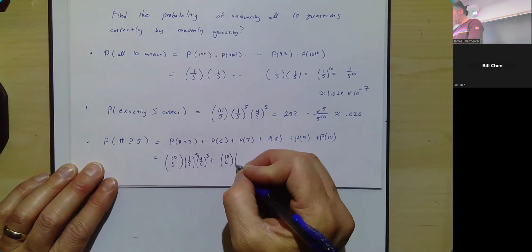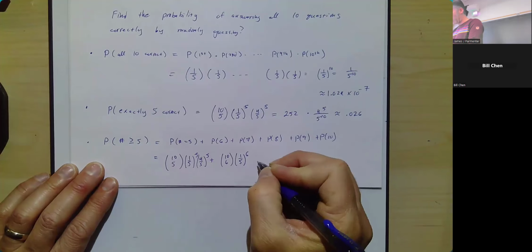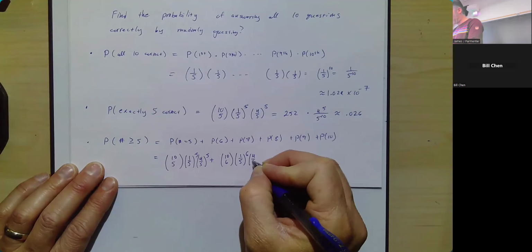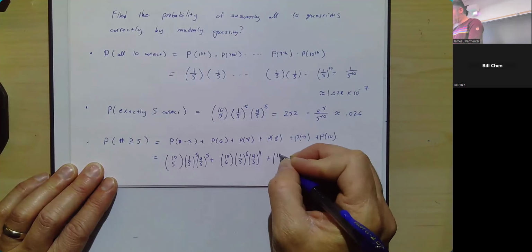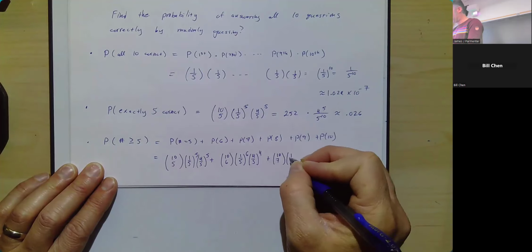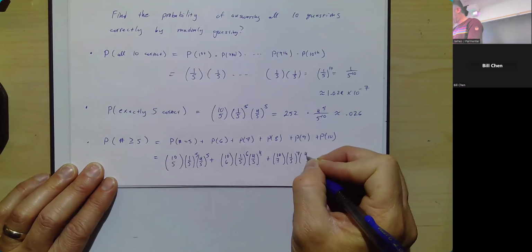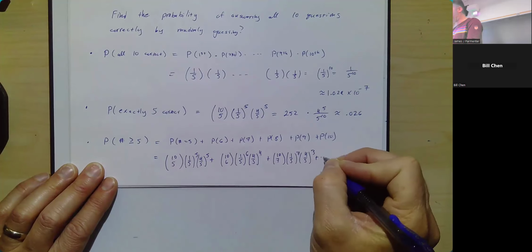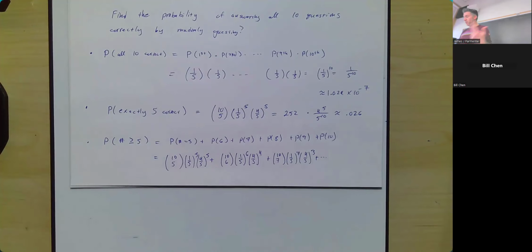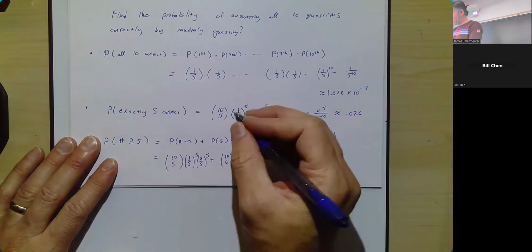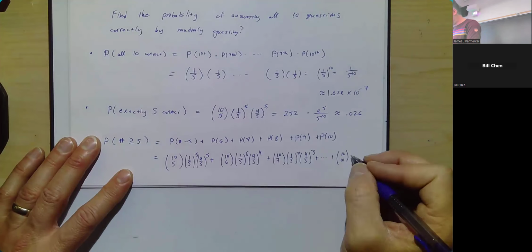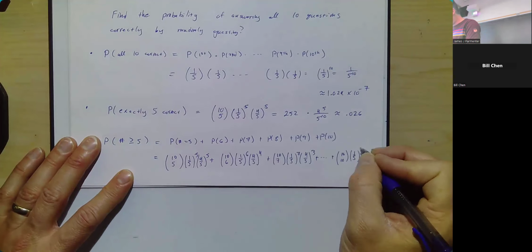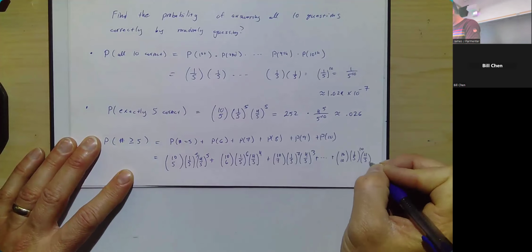And then it's going to be 1/5 to the 6th power times 4/5 to the 4th power, plus 10 choose 7 times 1/5 to the 7th times 4/5 to the 3rd, plus all the way to the last part, 10 choose 10, which is 1, times 1/5 to the 10th times 4/5 to the 0th.